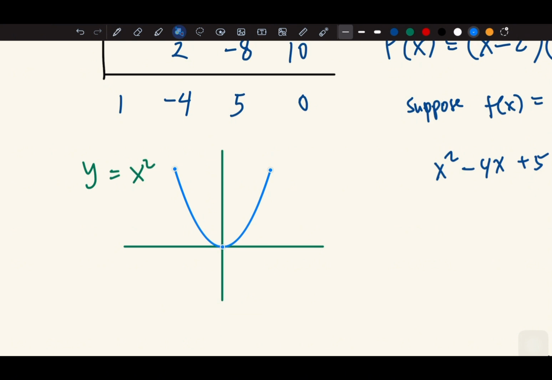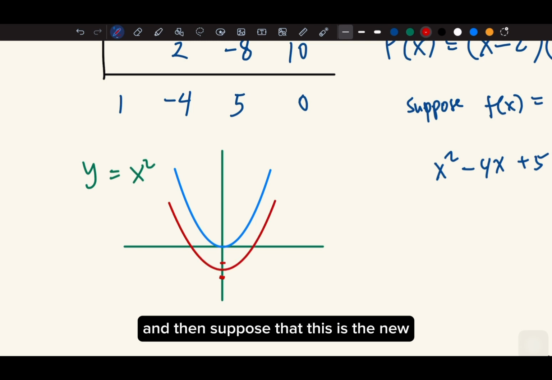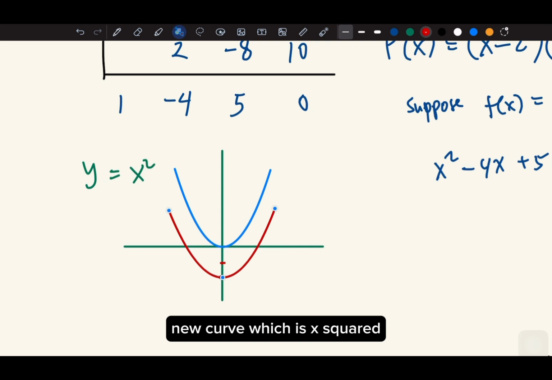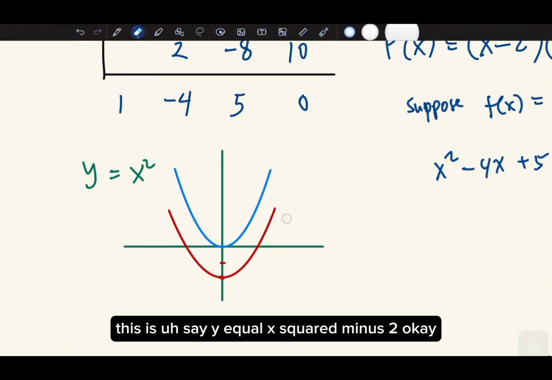So let me write with the red color. Suppose this is the new curve, y equals x squared minus 2.